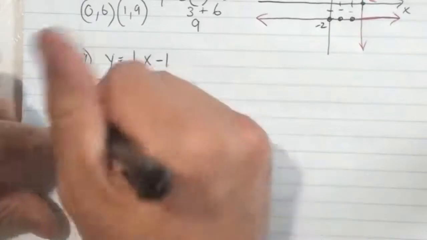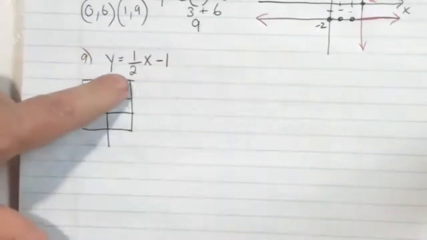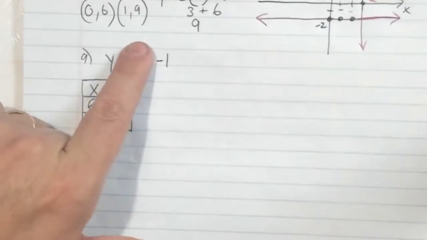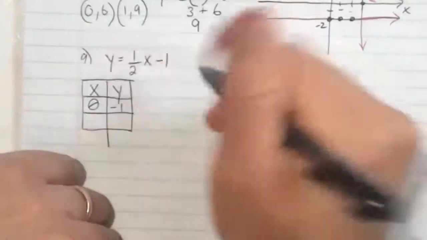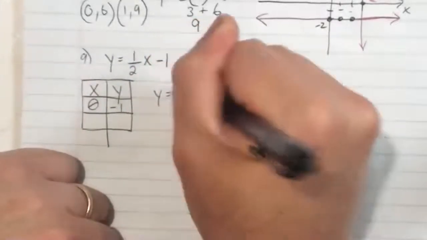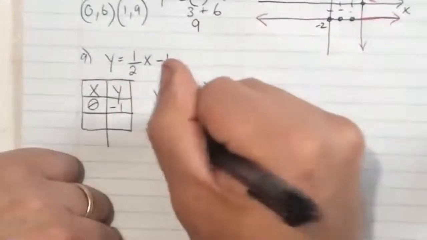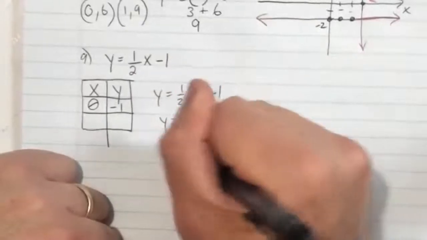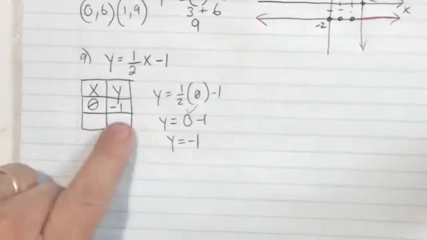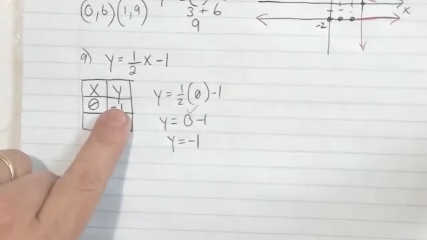Again, 0 is easy because 1/2 times 0 is just 0. What's 0 take away 1? It'll just be -1. Let's do it the long way real quick. So this is again 0, and 0 take away 1 would give me -1. So that's how I get, when x is 0, y is -1.